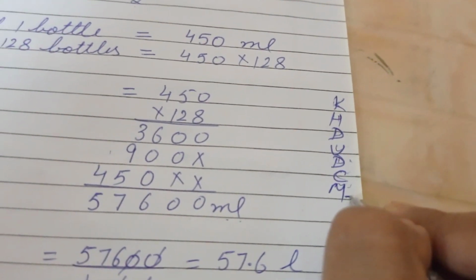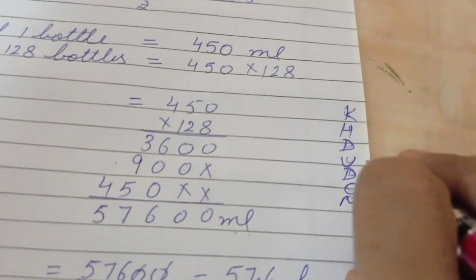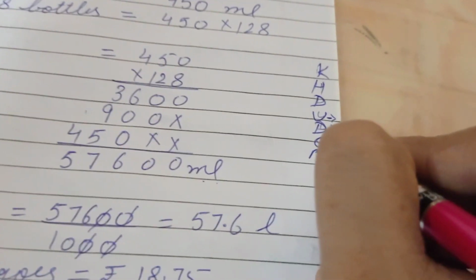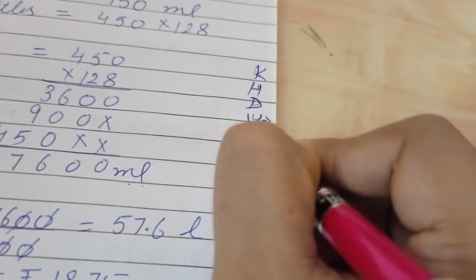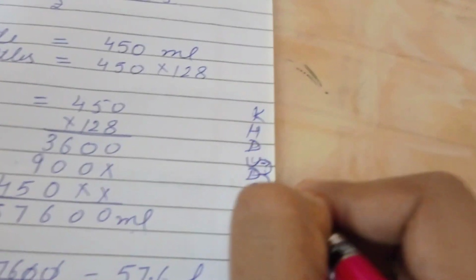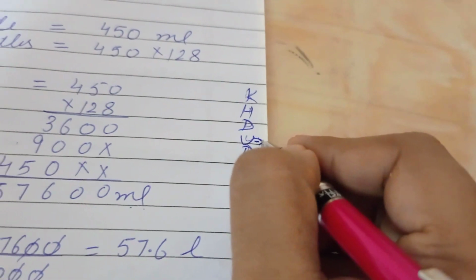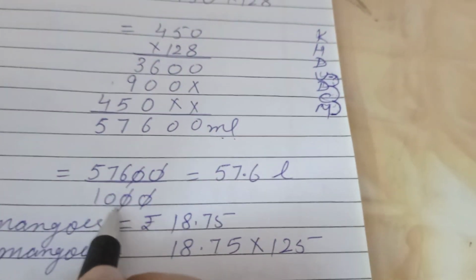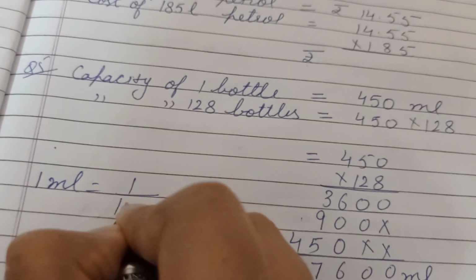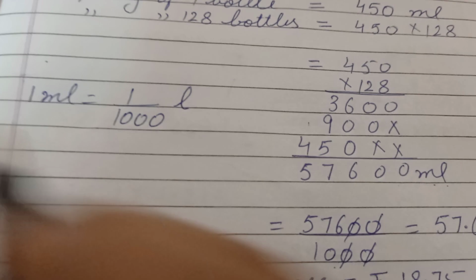Milk stands for milli, and the liter unit comes over here in usual. Clear? So beta, when we are going from down to up, 10, 10 and 10, meaning 3 times 10, that is 1000, we will divide. That means it is clear from here, 1 milliliter is equal to 1 over 1000 liters. This is the unit conversion you have to keep in mind.